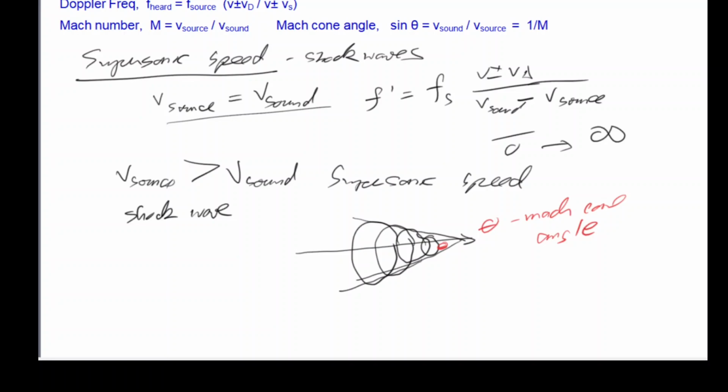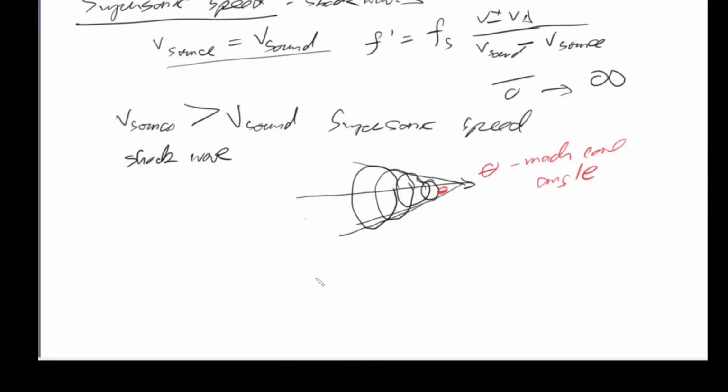And we can find theta because the sine of theta is equal to the velocity of sound over the velocity of the source or the jet.